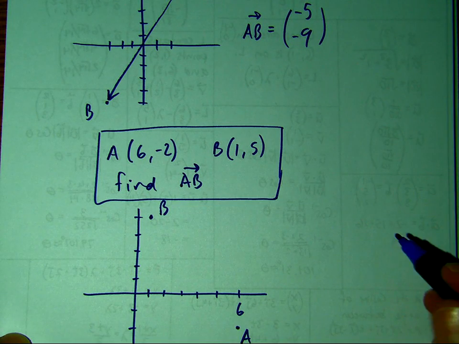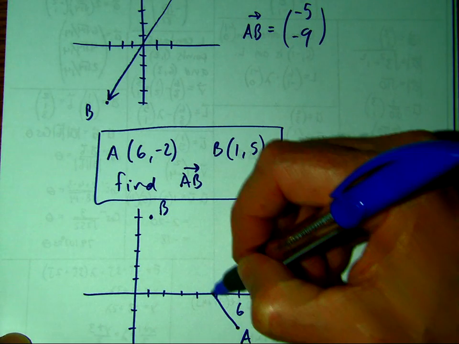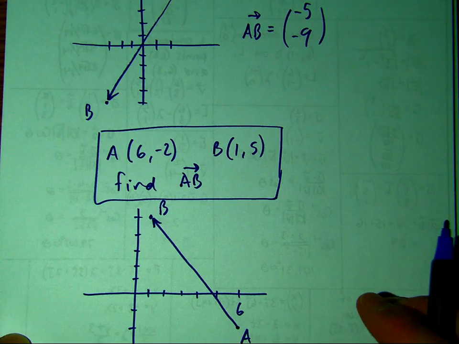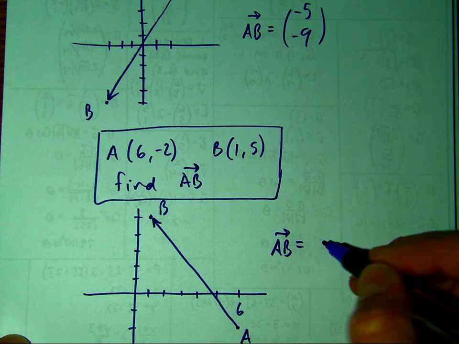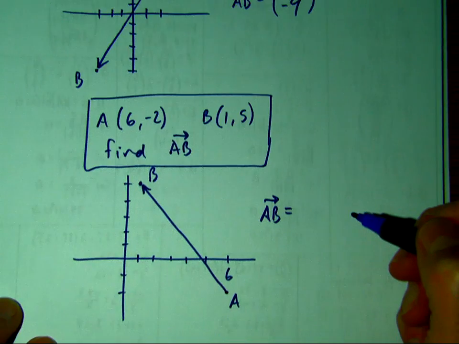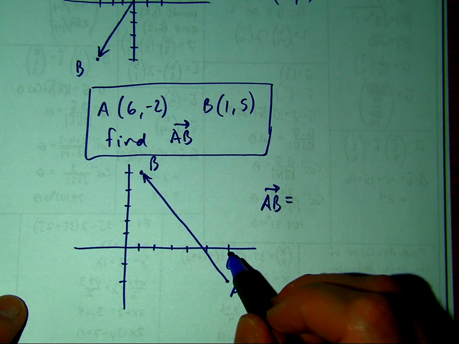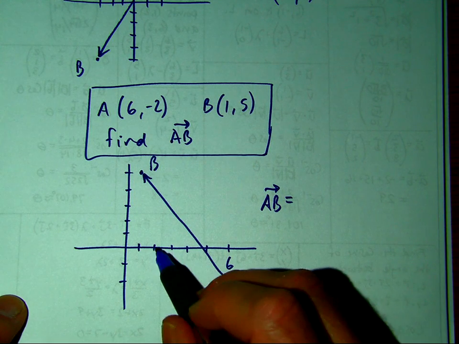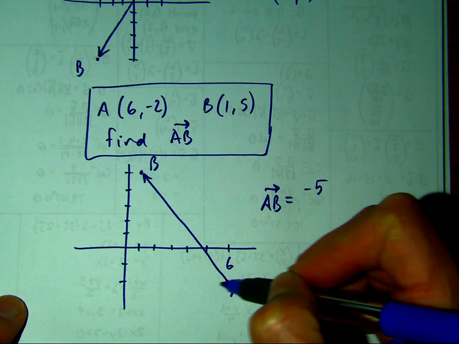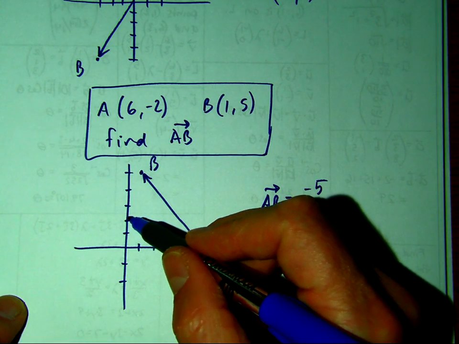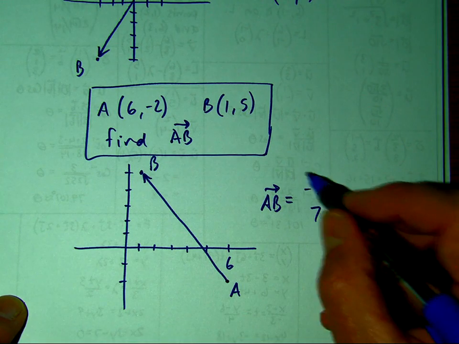And we have to go from A to B. So vector AB is the horizontal distance 1, 2, 3, 4, 5, and the vertical. Starting from A, we have to move 1, 2, 3, 4, 5, 6, 7, up 7.